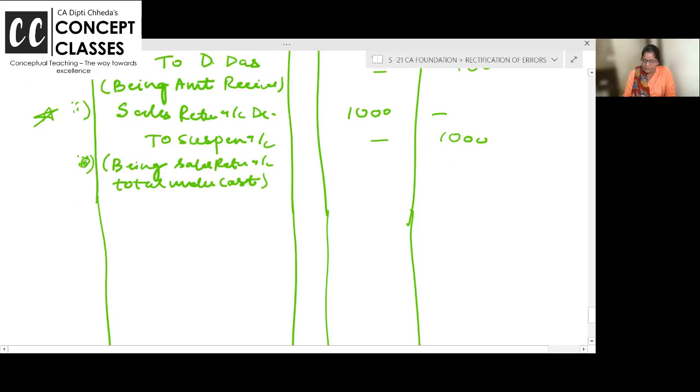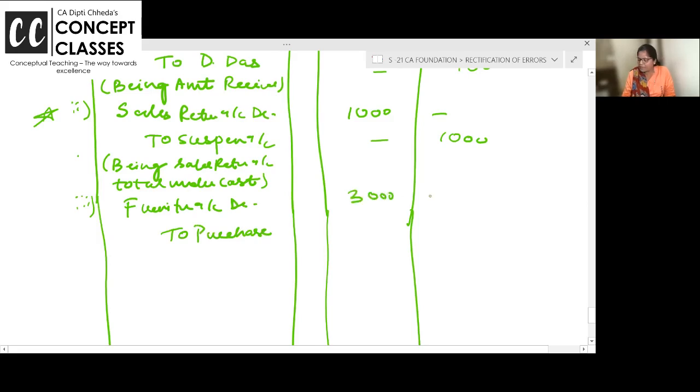Now I'm doing the third one. Purchase of office table 3000 routed through purchase account, principal error. Furniture account debit to purchase.